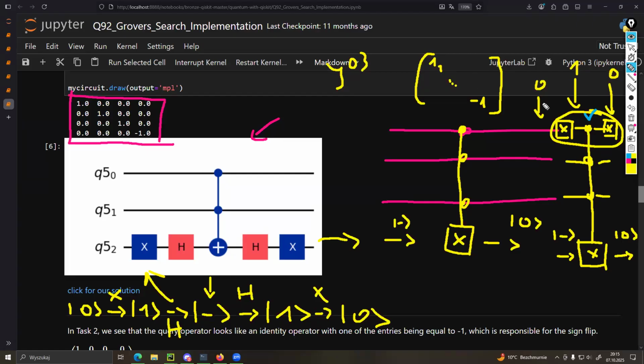This method of applying any number of gates and marking any number of elements that we would like to search for is really vital here. Remember, this is a very simple scenario.